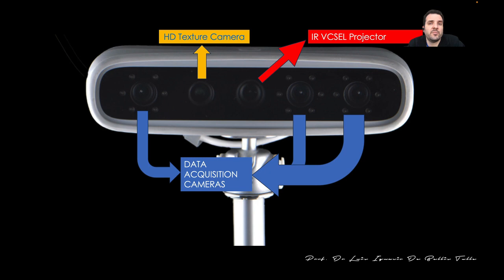This is the great part of this device because patients don't even know when you're scanning their face because they don't see any light. And that's great because patients keep their eyes open.